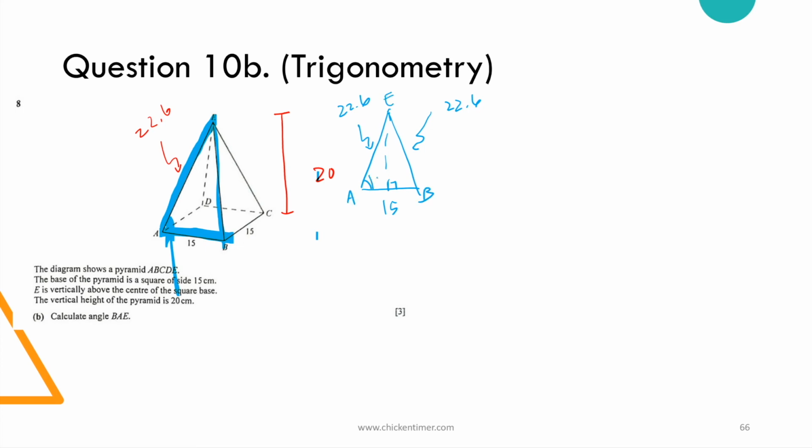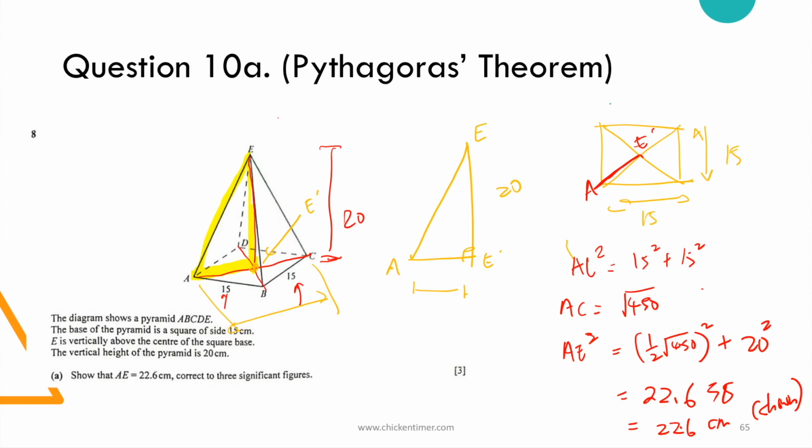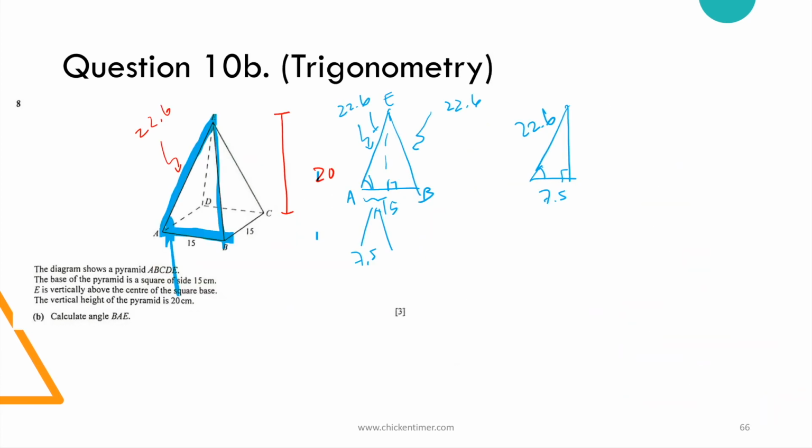Then we want to find BAE. So this angle here, we can use a normal trigo ratio. So half of this is 7.5. And since it involves the adjacent and the hypotenuse, 7.5 and 22.6, the angle can be calculated using the cosine ratio.